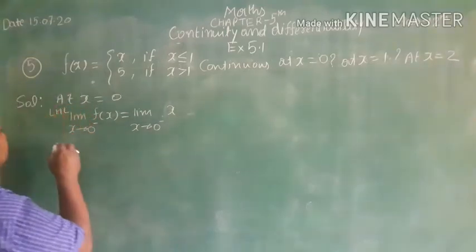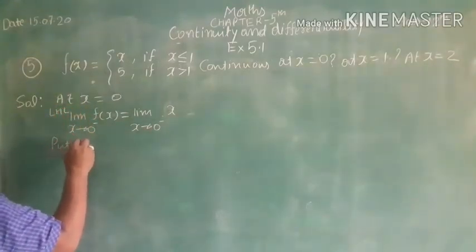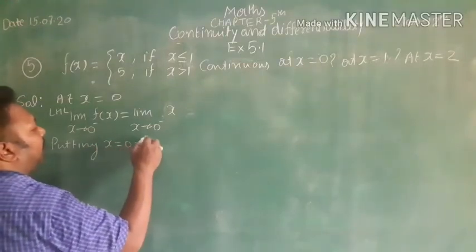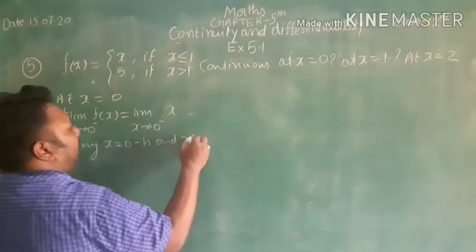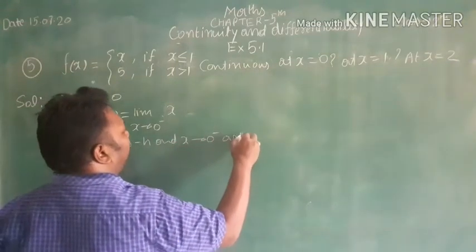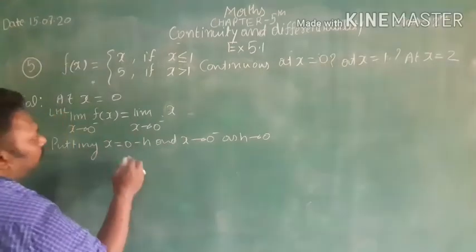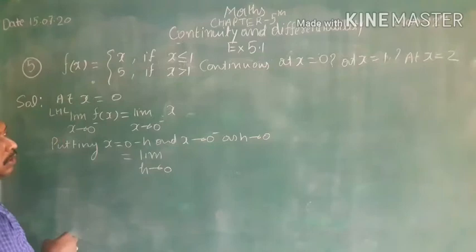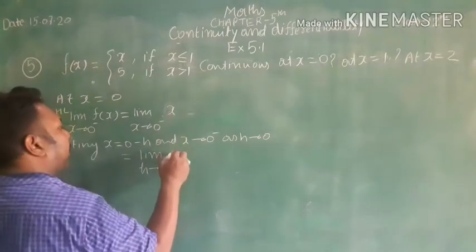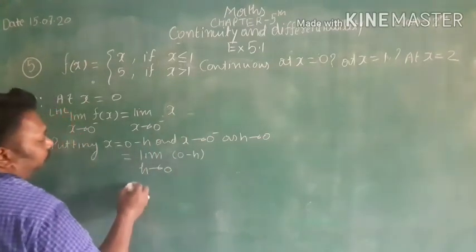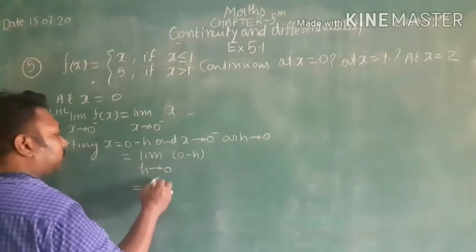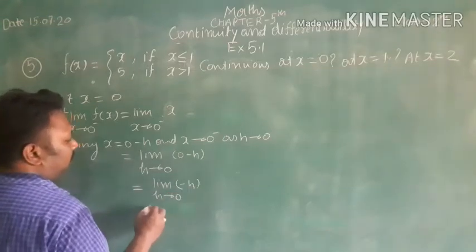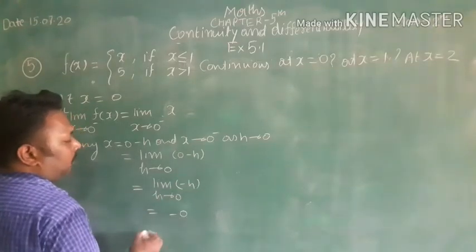Putting x = 0 - h and x tends to 0 as h tends to 0. So in place of limit you write down limit h tends to 0. In place of x you put 0 - h. So we get limit h tends to 0 of -h. Now open the limit, 0.